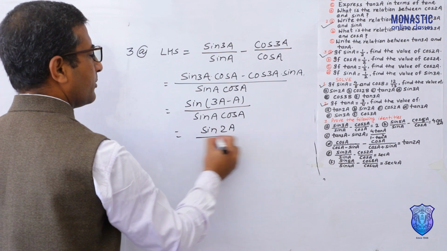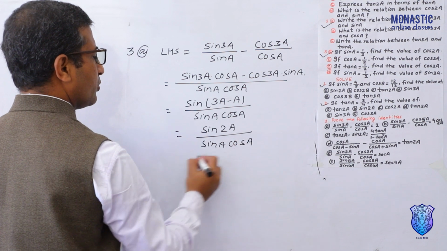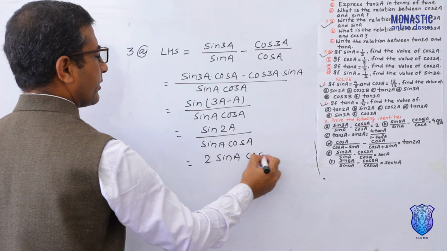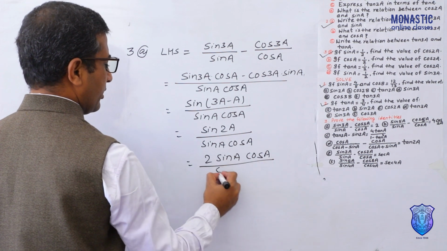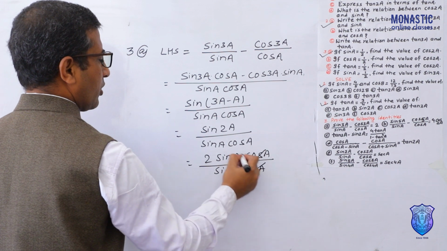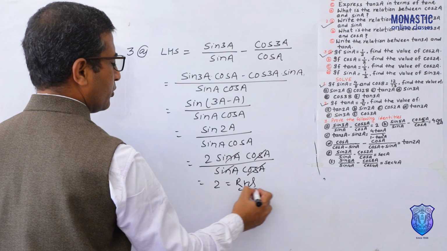Sin of 2A. Now use the formula of sin 2A. That is 2 sin A cos A by sin A cos A. Solve it. Your result is 2. That's what you have to prove.